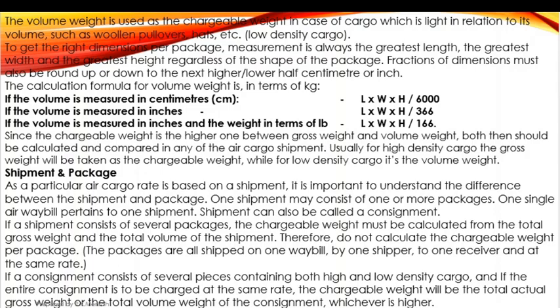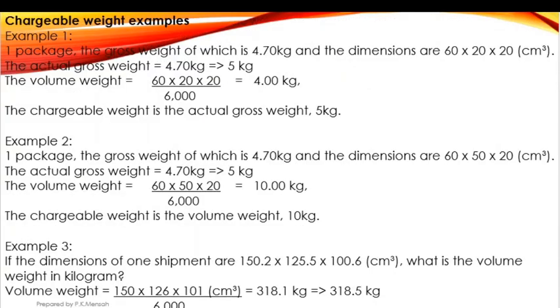So there are some examples that we can have. Yes, so this is an example. A package, the gross weight is 4.7 kilos, and the dimensions are 60 by 20 by 20 centimeters cube. So the actual weight was 4.7, which was approximately 5 kilos. Okay, then the volumetric was done.